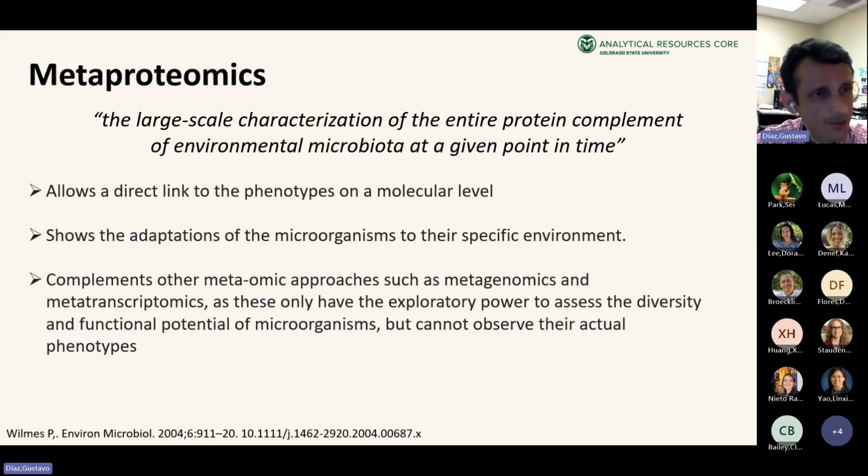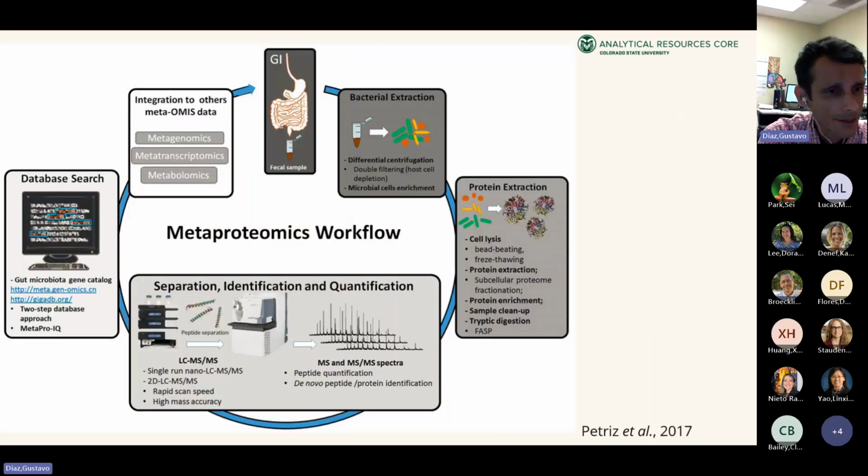To do this type of study, this is a general overview of the workflow that we follow. It is in principle very similar to what we normally conduct for regular proteomics or single organism proteomics, but there are some particular challenges at each stage that I am going to discuss in the following slides.